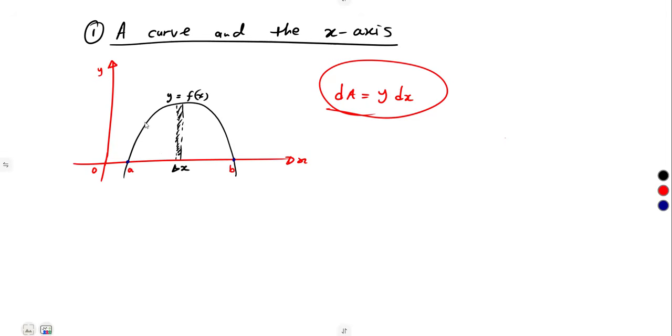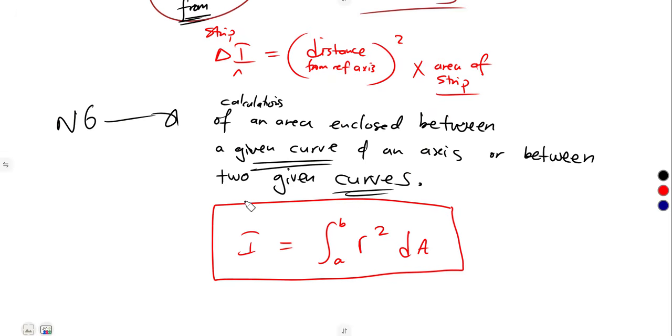So from here, there are two things that we are supposed to take note of, which are the solutions to the given graph, which you're going to use as the limits of the integral, A and B, and the strip that you are working with, as this is going to affect our calculations for the second moment of area.